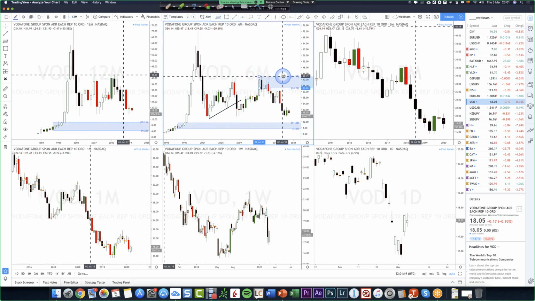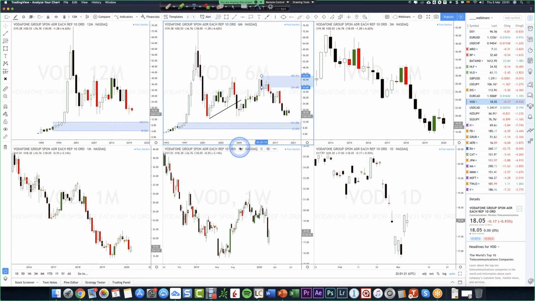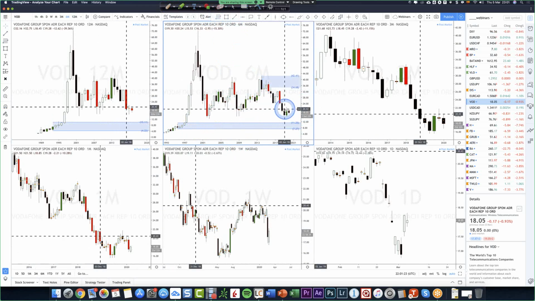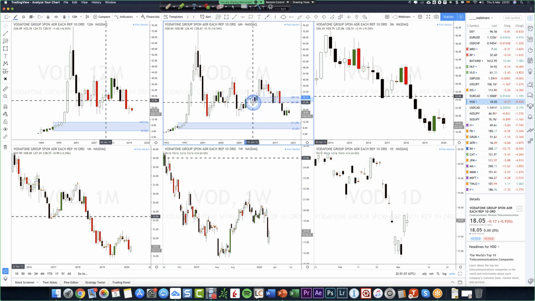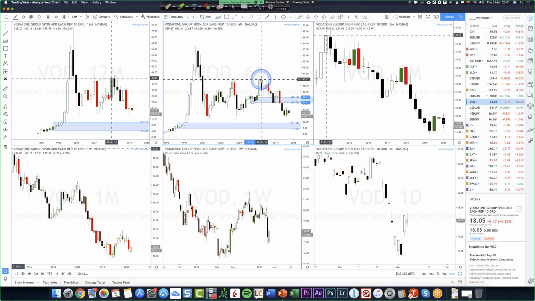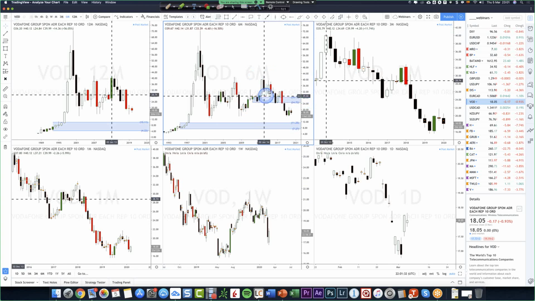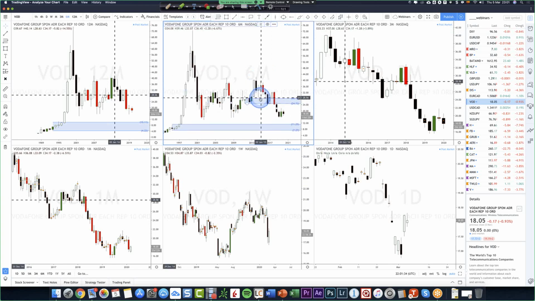And then another area of supply has been created there. Price dropping, this was demand because it eliminated that area of supply, overshot it. So we should have an area of supply right there.